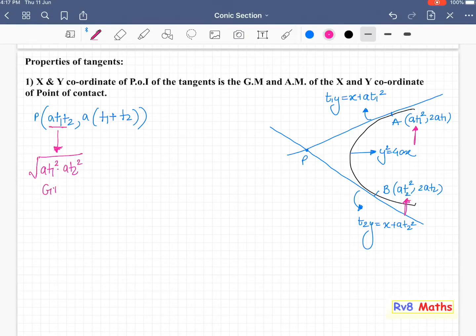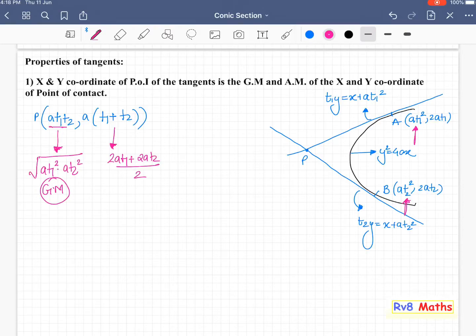And the y coordinate is the arithmetic mean: 2at1 plus 2at2 upon 2 is the arithmetic mean of the y coordinates of the points of contact.